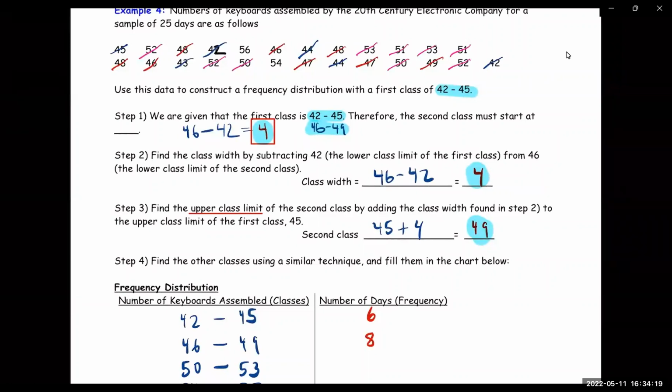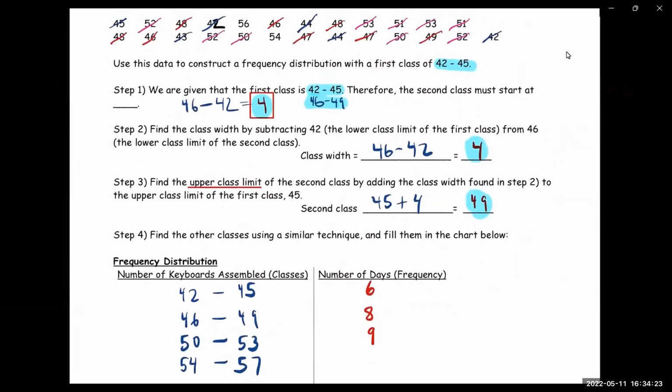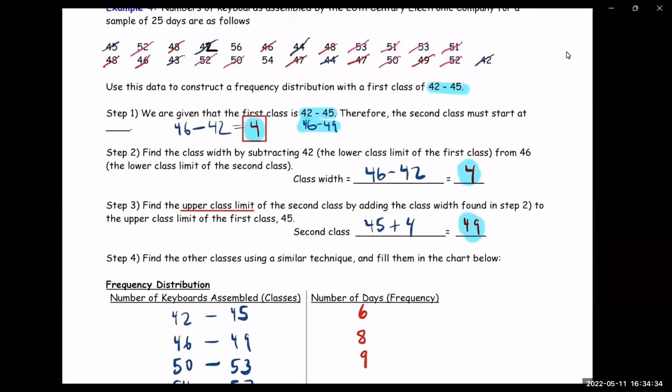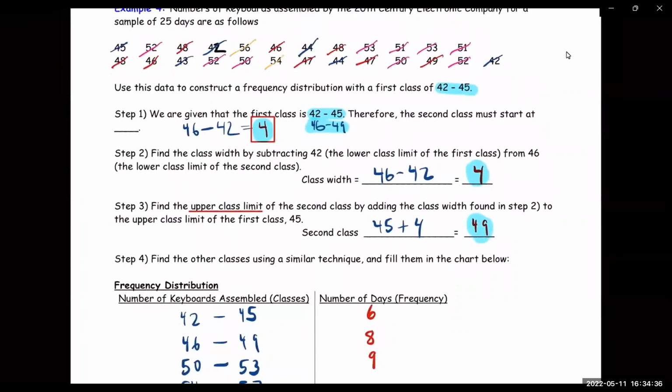Yeah, I think that's it, right? And then finally, 54 through 57. 54 to 57. 1, 2. There's 2.